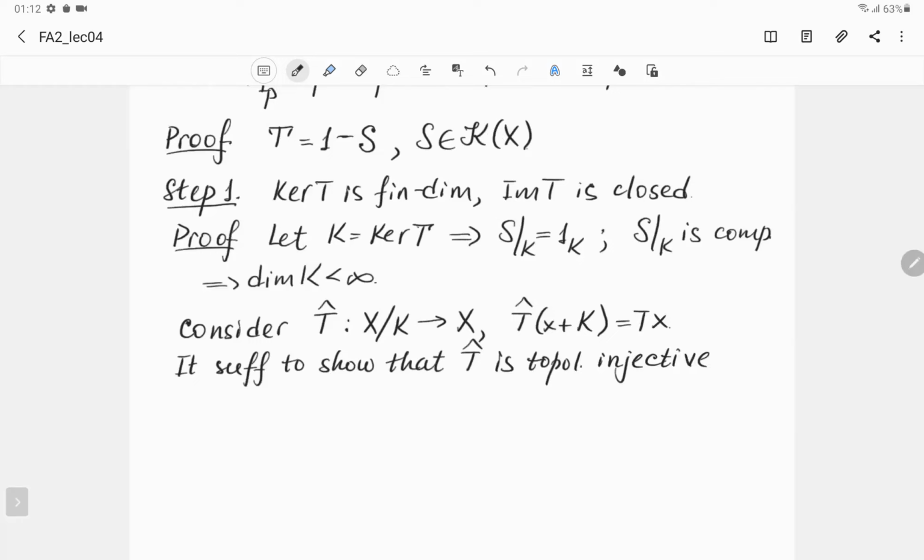Indeed, the image of T equals the image of T hat, and if T hat is topologically injective, then of course its image is closed.